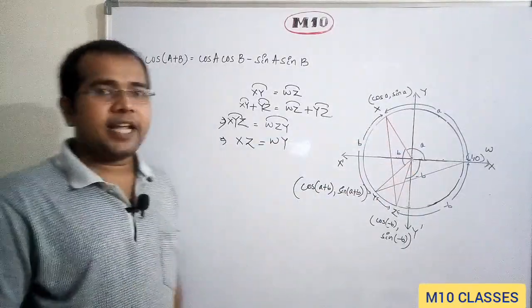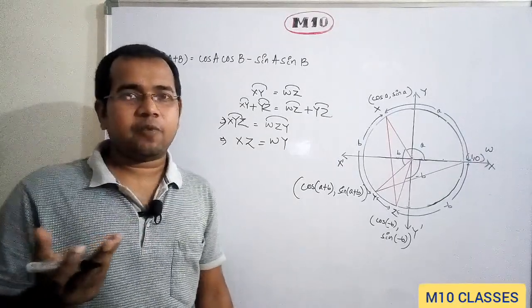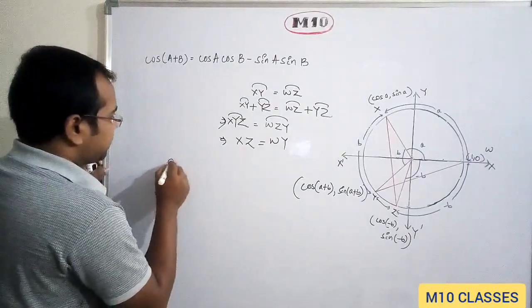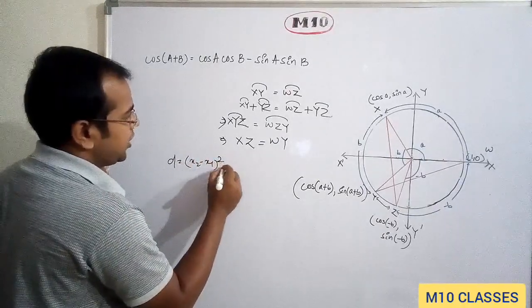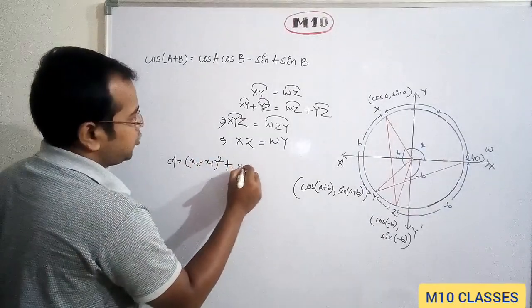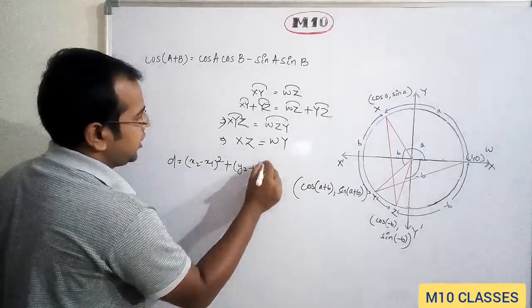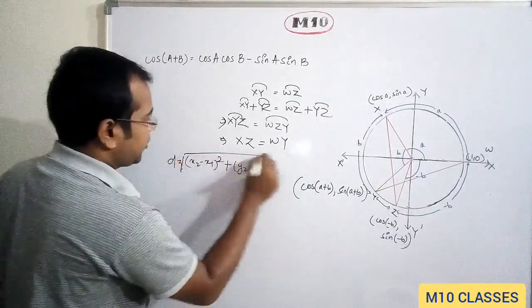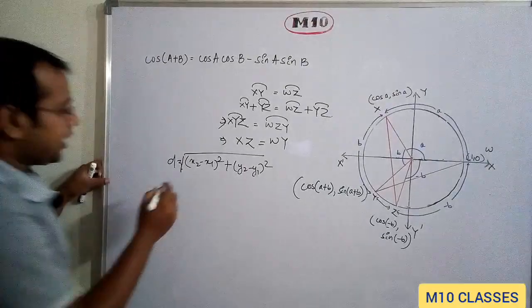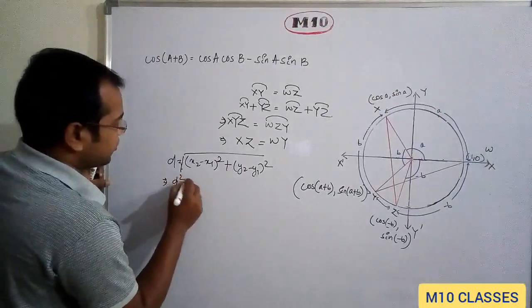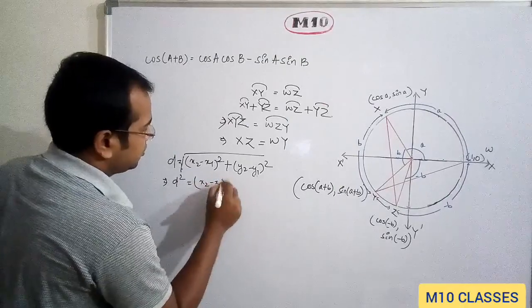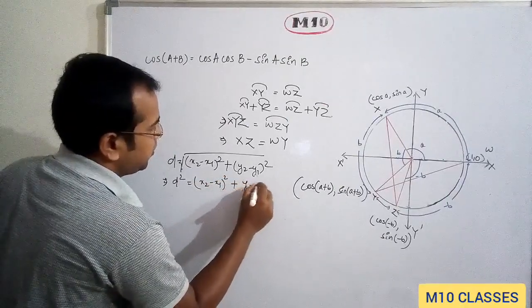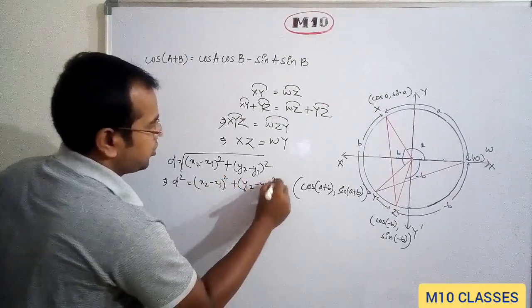Now you have remembered the distance formula. The distance formula says d is the square root of (x2 minus x1) whole square plus (y2 minus y1) whole square. If you take the square, you will get d square is equal to (x2 minus x1) whole square plus (y2 minus y1) whole square.